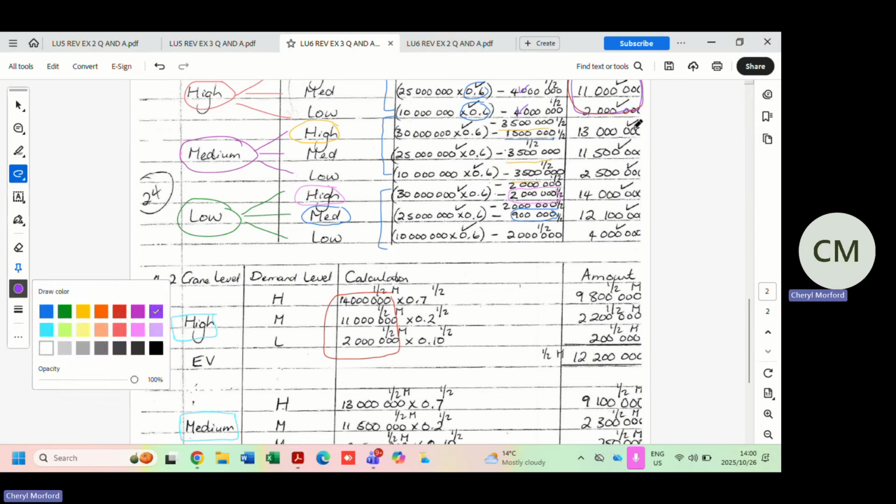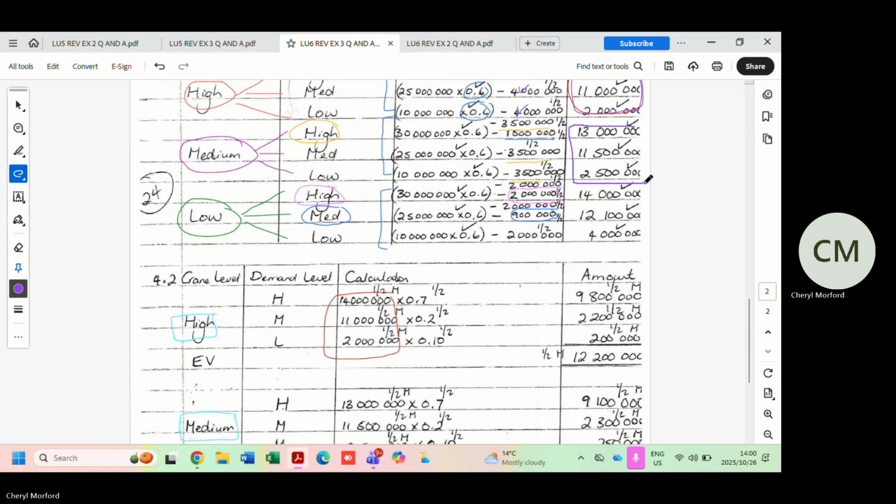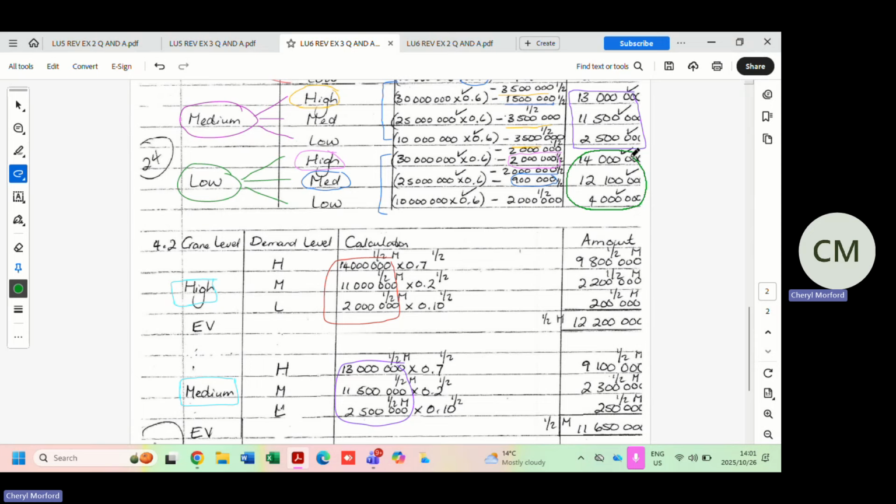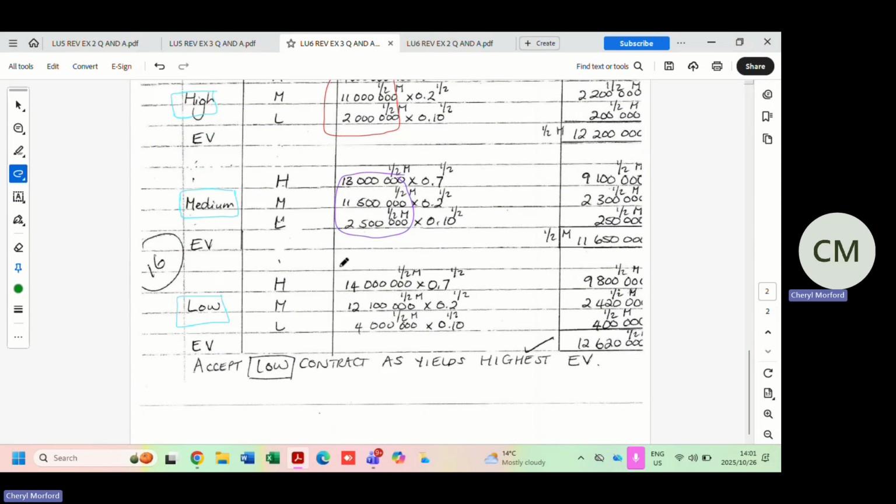We're going to take these 3 values that go together with the medium, and we're going to copy and paste those and put them there. Then we're going to do the same here. These 3 values there go together with the low. We're going to copy and paste them next to low. That was the reason for answering part 1.